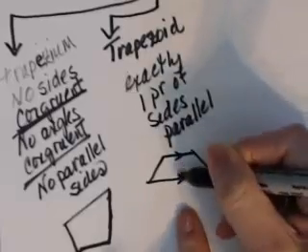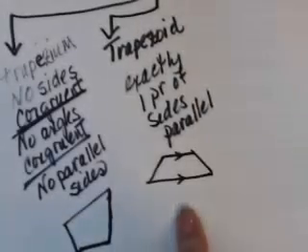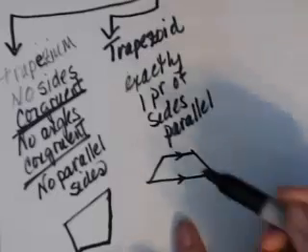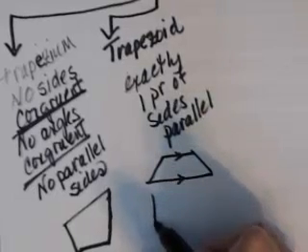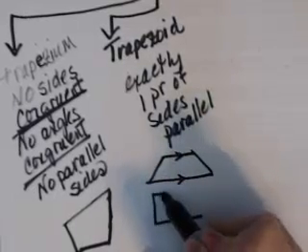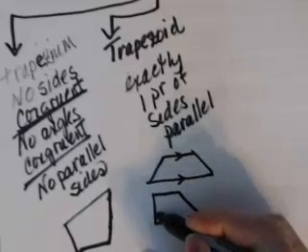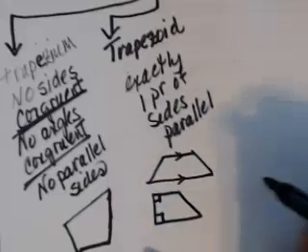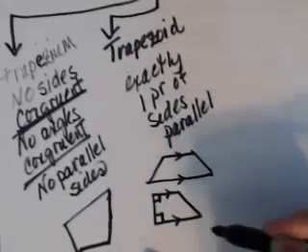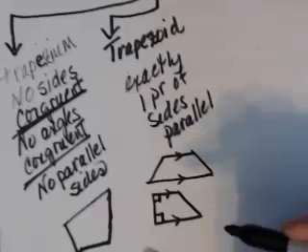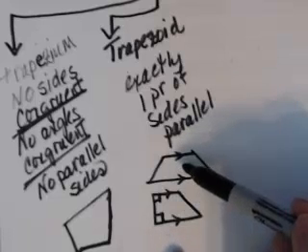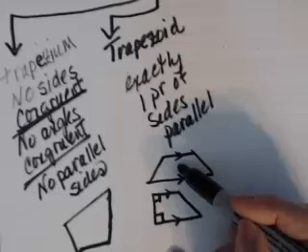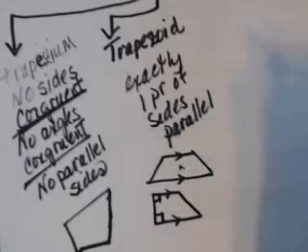This shows the two sides that are parallel. But we can have a trapezoid that has right angles. These two sides are parallel. So they don't all have to be made like this, which is how we typically see them.